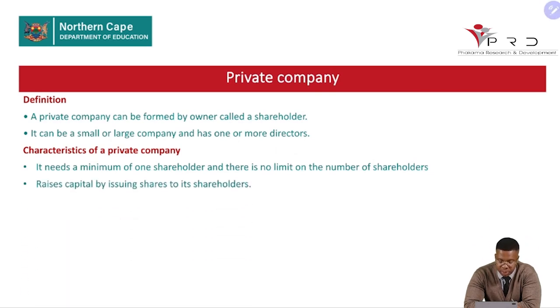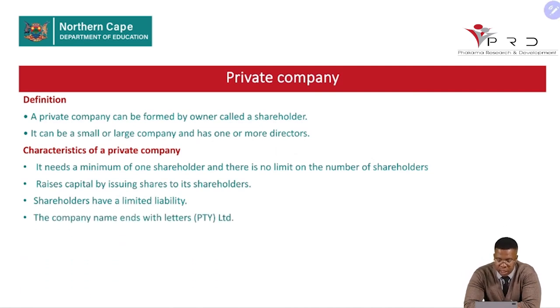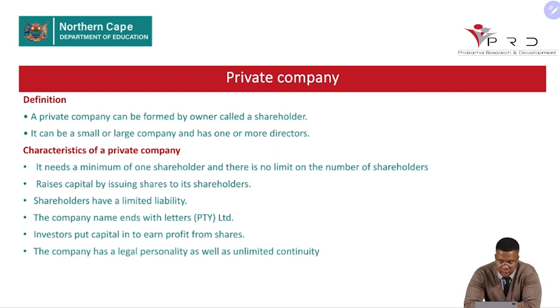It raises capital by issuing shares to its shareholders, and then shareholders have limited liability, and the company name ends with letters PTY Ltd. And then investors put capital to earn profit from shares, and then the company has legal personality as well as unlimited continuity. And then private companies are not allowed to sell shares to the public.